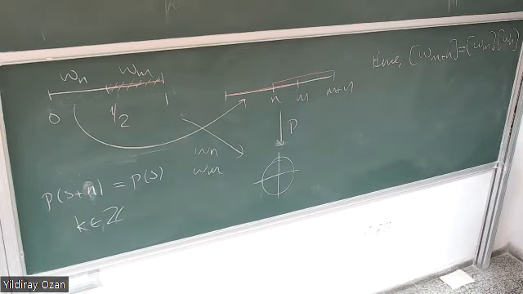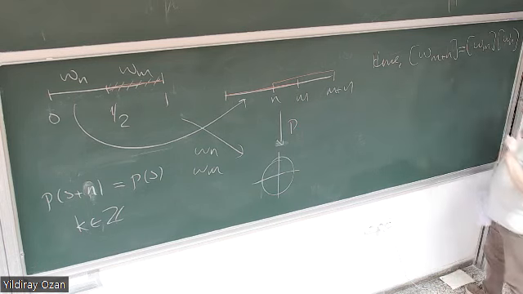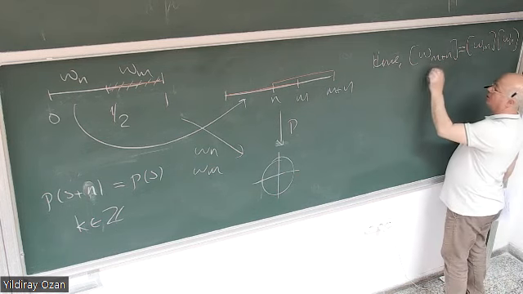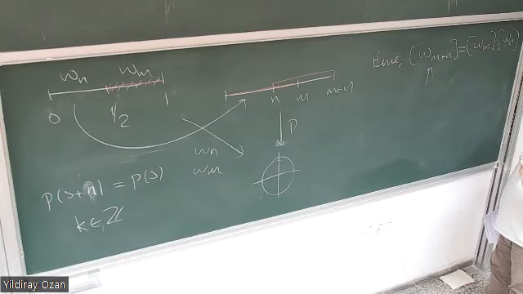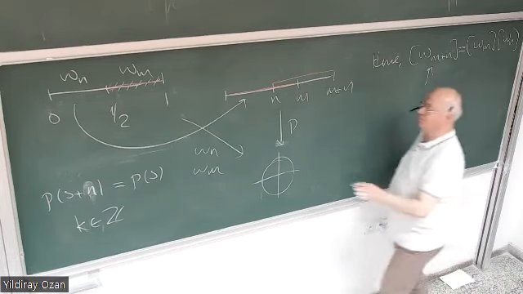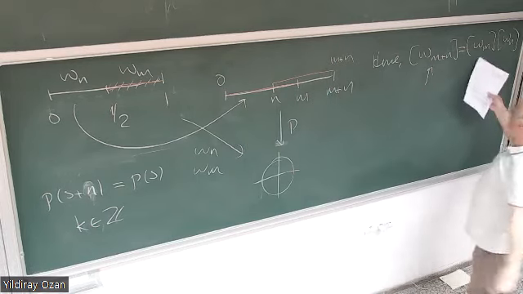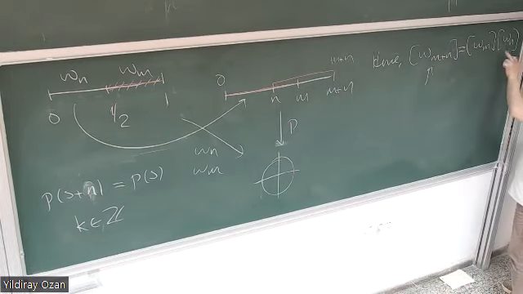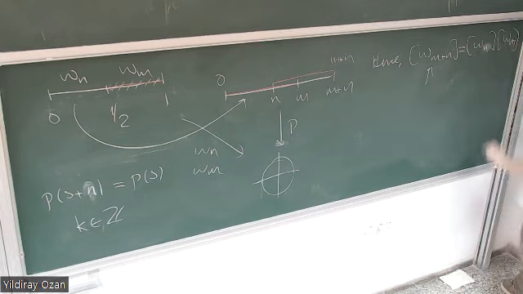Şöyle düşünün. Now this composition, this map, this loop is represented by a path starting at 0 and ending at n plus m. What about this one? First I apply this.